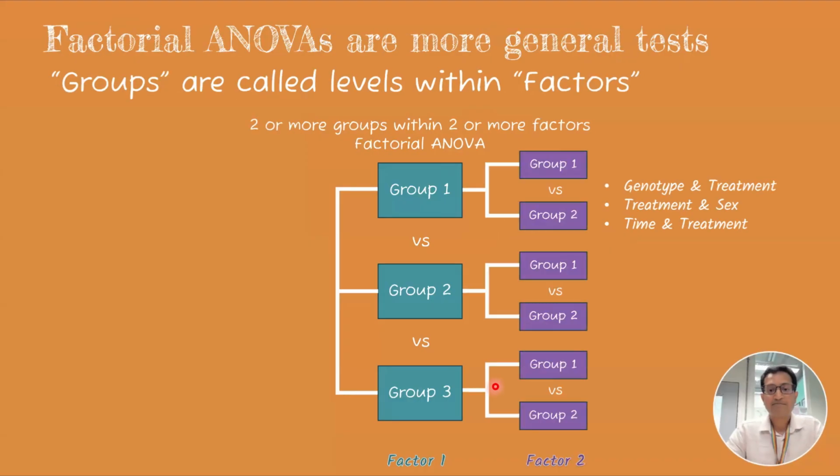For example, you may have a wild type genotype, which you either treat or don't treat, or you may have males and females, or you may have different times and so on. And so these kinds of hierarchical designs are better analyzed in what are called factorial ANOVAs, which are more general cases. And one-way ANOVAs and Student's t-tests are more specialized cases.